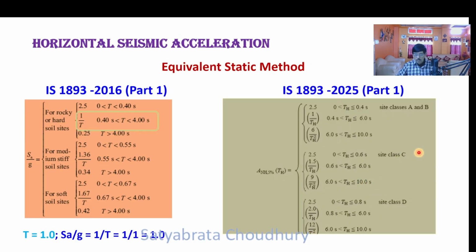In the new code, in the equivalent static method, 1 second lies in the range 0.4 second to 6 seconds. So here also the normalized spectral acceleration ratio at 5% damping is given by 1 by T. So again T equal to 1 second, so Ah equal to 1 by T equal to 1 by 1 equal to 1.0. So our spectral acceleration ratio is 1.0 in both the cases.